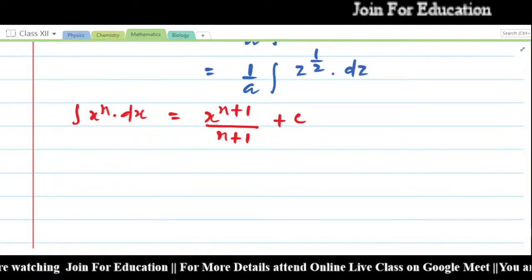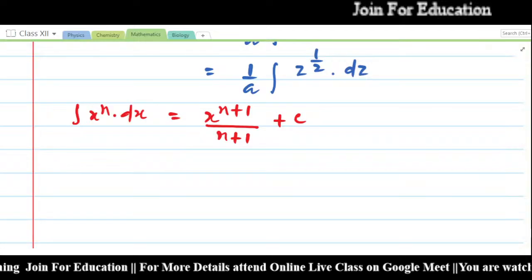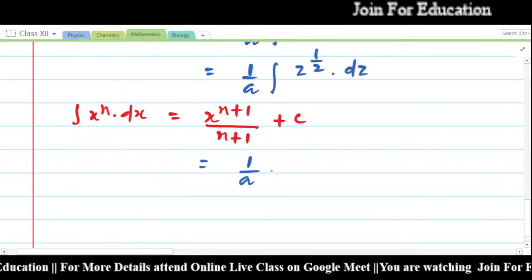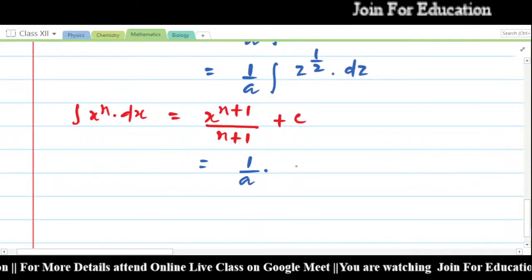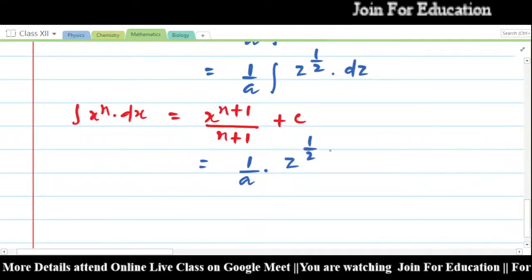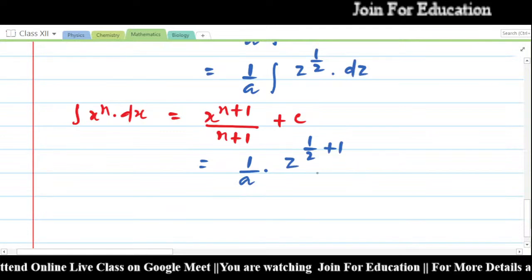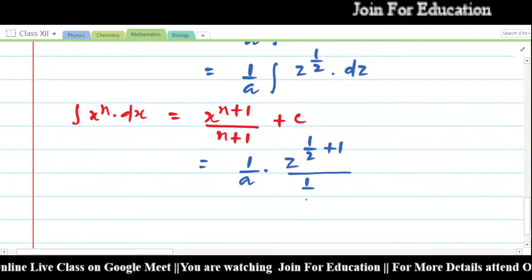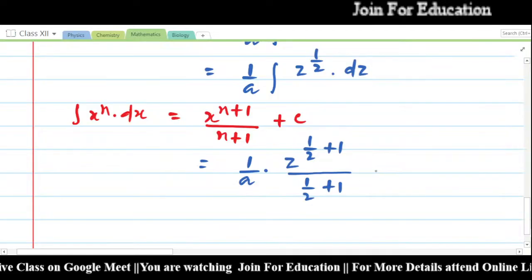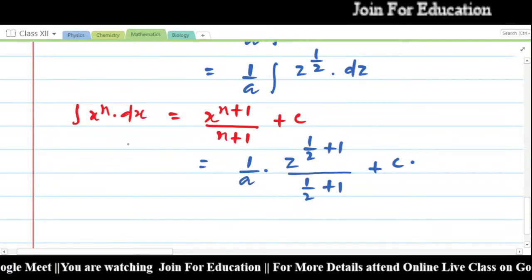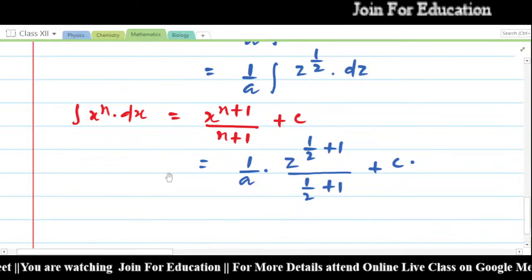According to this, here will be 1 by a into z to the power 1 by 2 plus 1 by 1 by 2 plus 1 plus c.